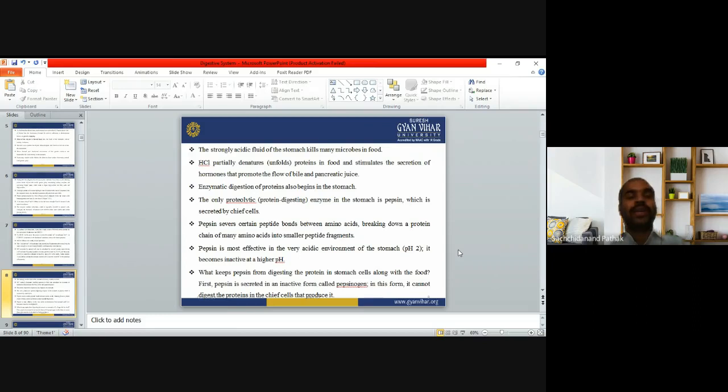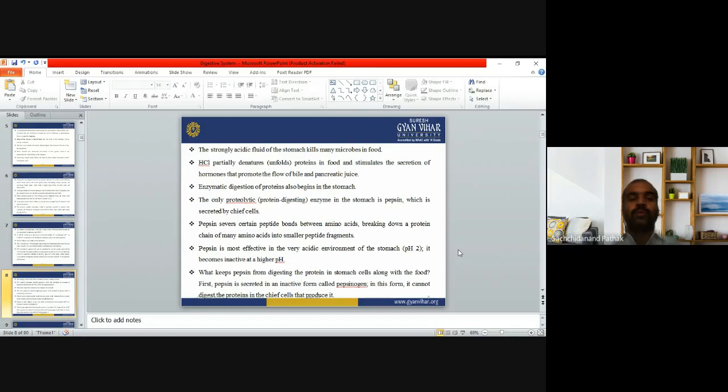The strongly acidic fluid of the stomach kills many microbes in the food. HCl partially denatures the proteins in the food and stimulates the secretion of hormones that promote the flow of bile and pancreatic juice. Enzymatic digestion of protein also begins in the stomach.